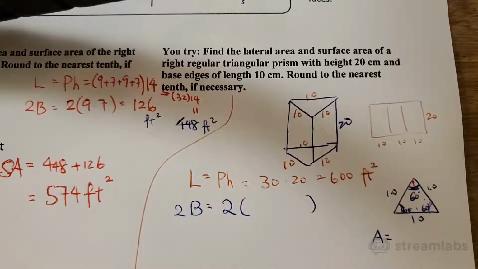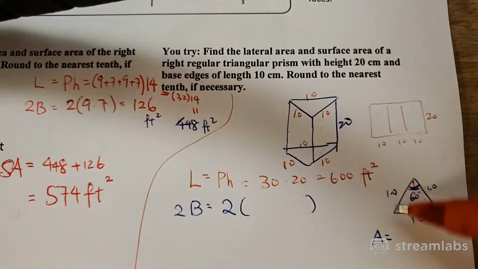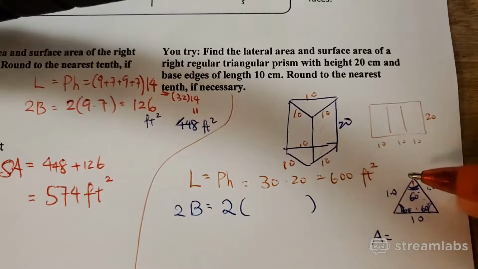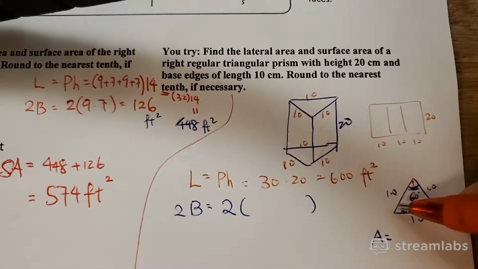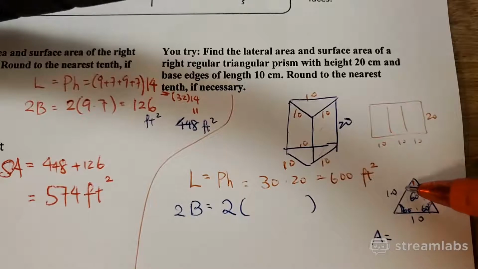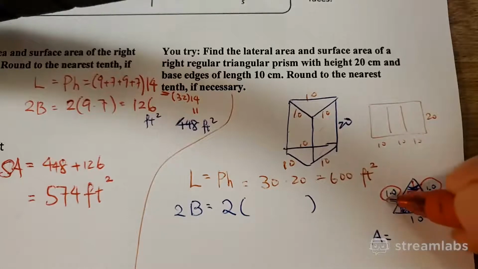No one remembers? What do we got? To find the area of a triangle without finding the height, and we only know these 2 sides and this angle, please remember this, okay?